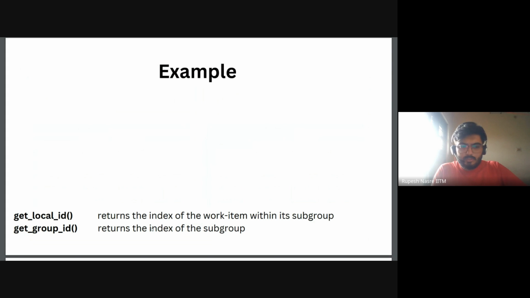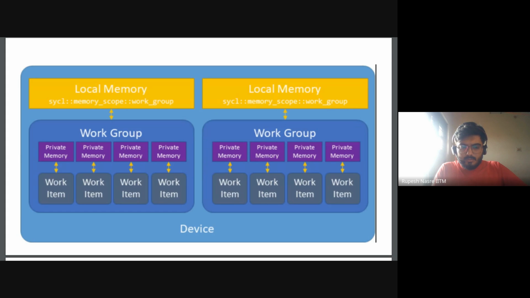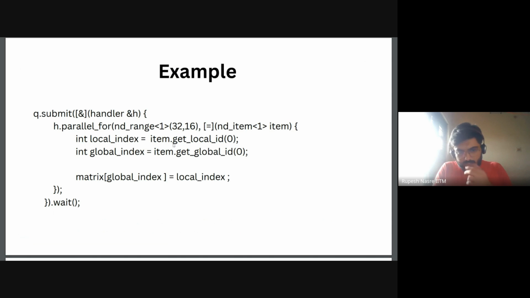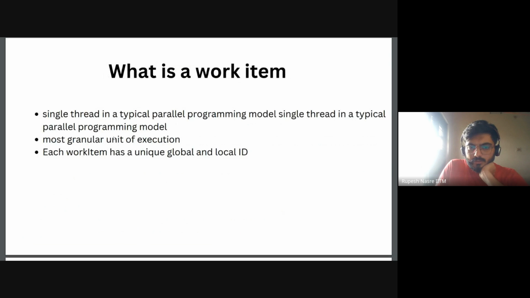Great. So we can directly use get local ID and get global ID. Now let's also discuss nd range.